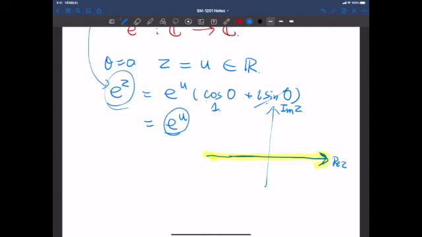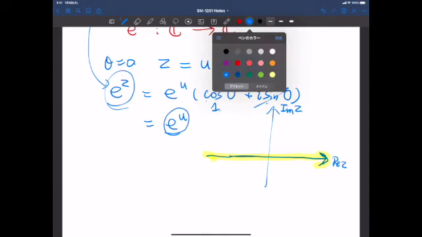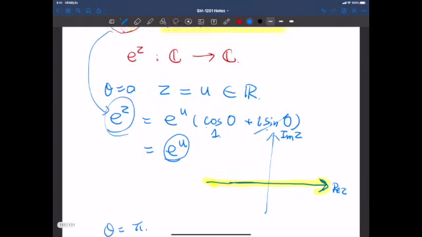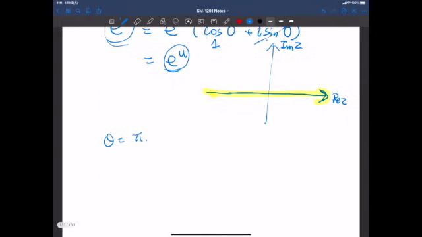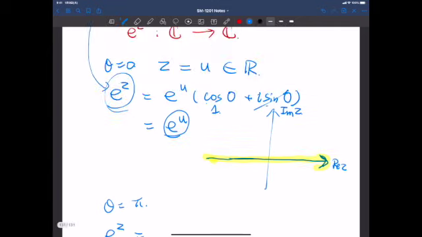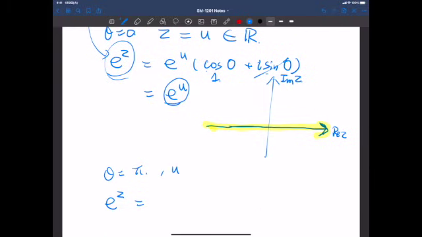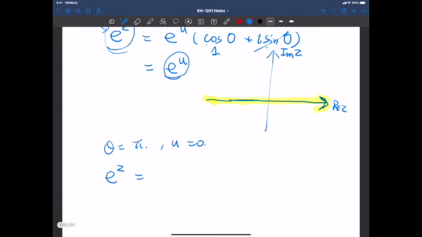And by the way, if theta is pi, then what happens? So that means we have exponential of z, where theta is pi, and let's say u is 0. In this case, we have exponential of 0 and cosine pi plus i sine pi.